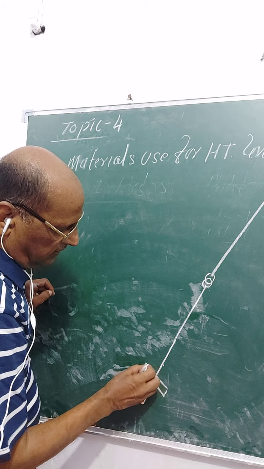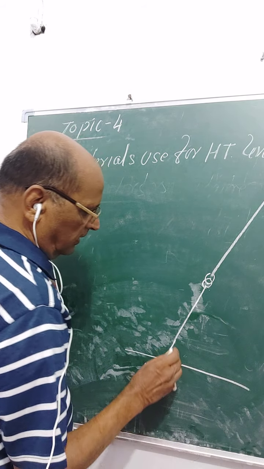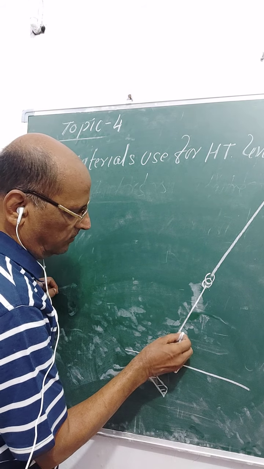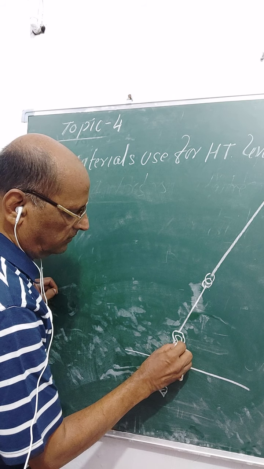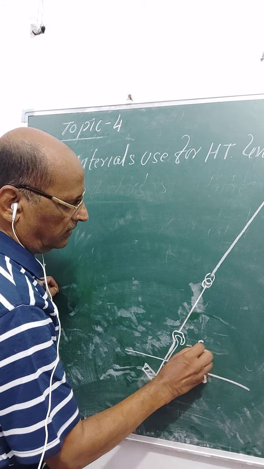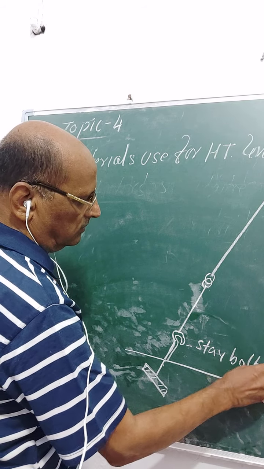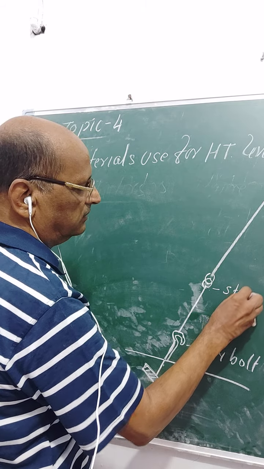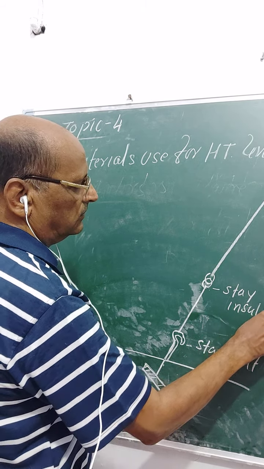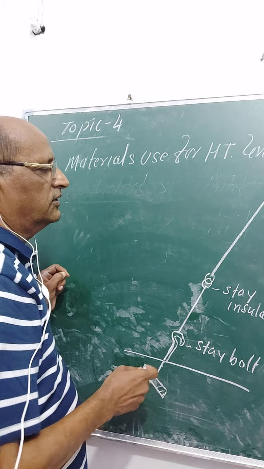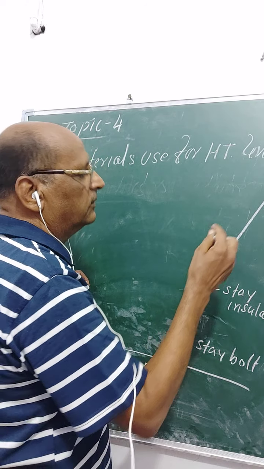This is of concrete structure, so this will go underground, and there is a stay bolt. Normally this stay insulator is provided at least 6 feet up from the ground level.